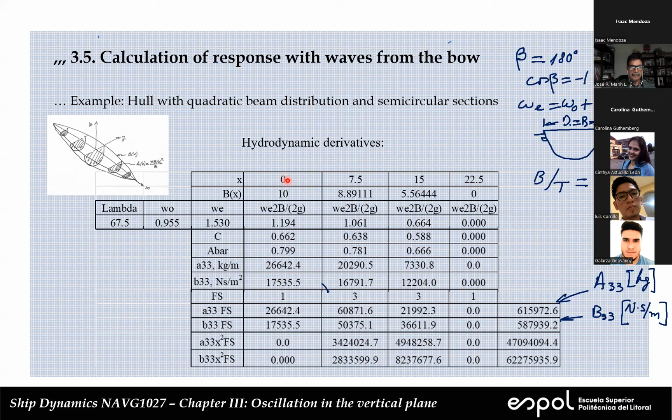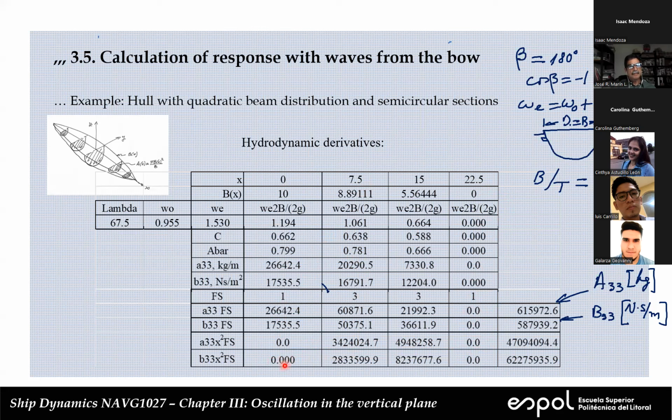I can square it, multiply by this, multiply by the Simpson factor to integrate, and that's what I have here. So here I have 7.5 squared times 20,000 times 3, and that's this, etc. At the end, the beam is 0, so these two are 0.